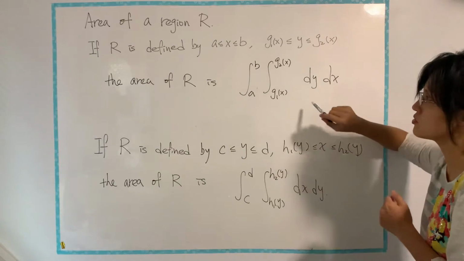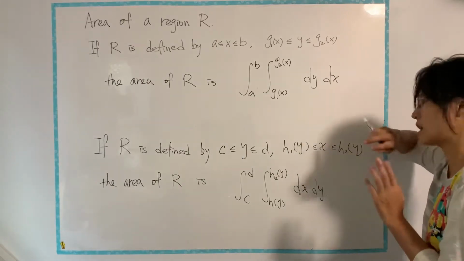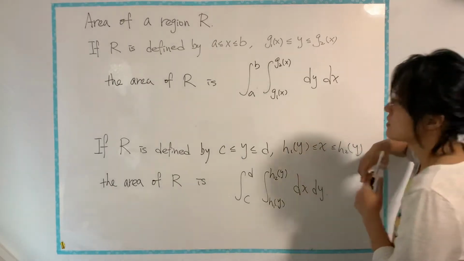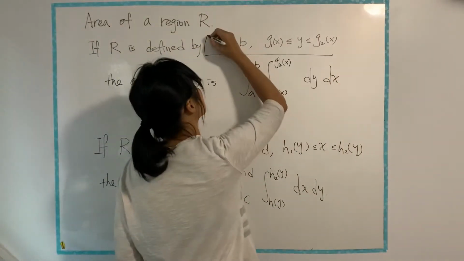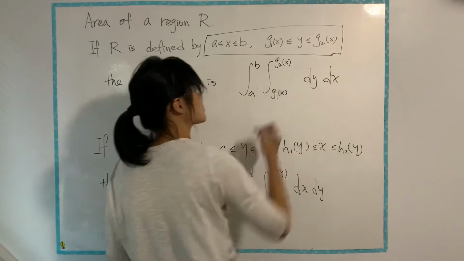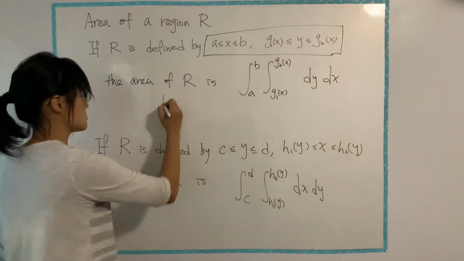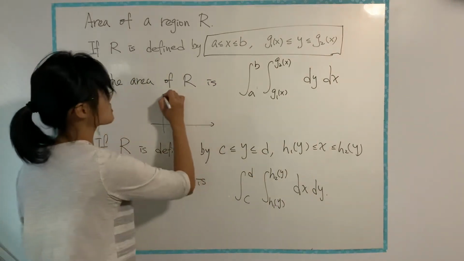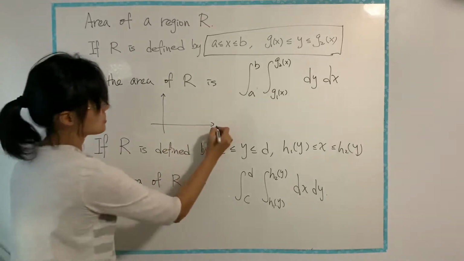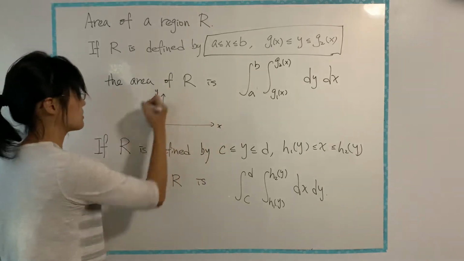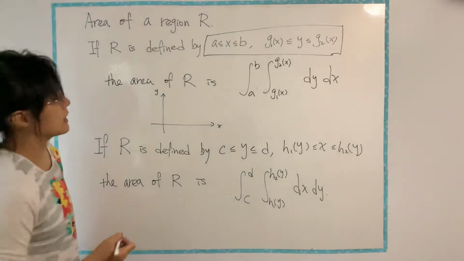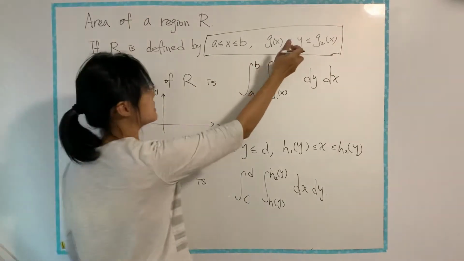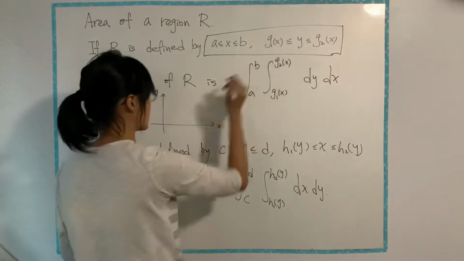Okay, so let's look at these two examples. If I have a region described by these inequalities, let's look at what this means again, just for practice. The horizontal direction is x direction, vertical direction is y direction. And y is bounded between g1 of x and g2 of x.